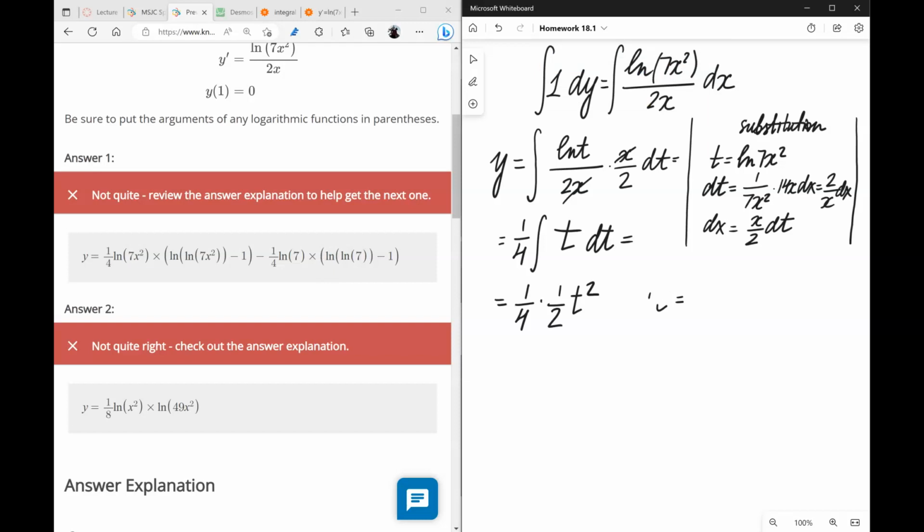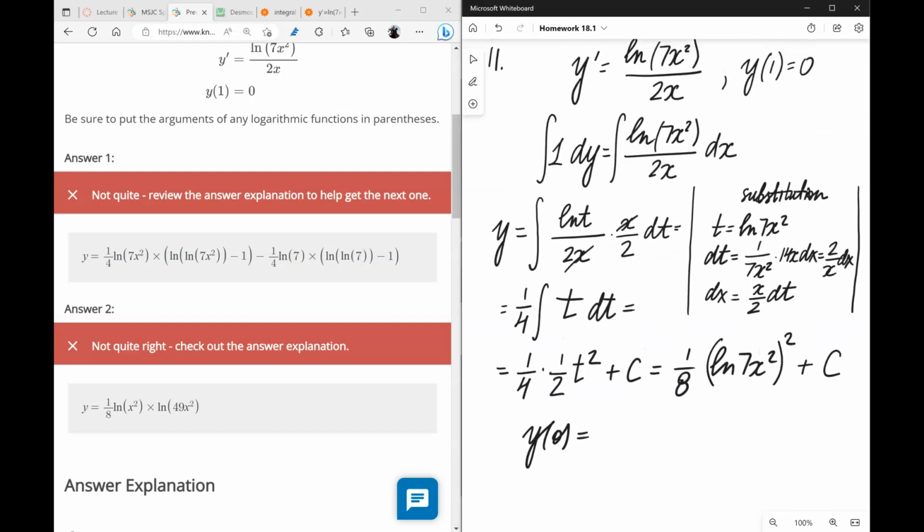So this is it, right? So this is our solution plus c. So we have 1/8 t squared. So it's going to be ln of 7x squared plus c. So now we're going to plug in 1.